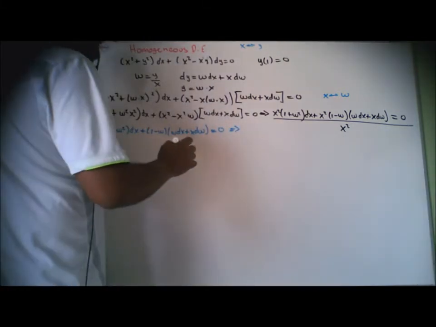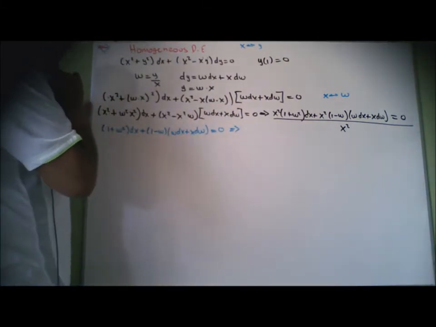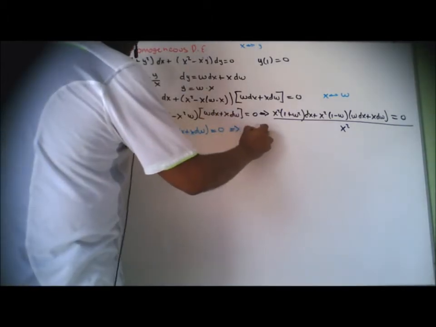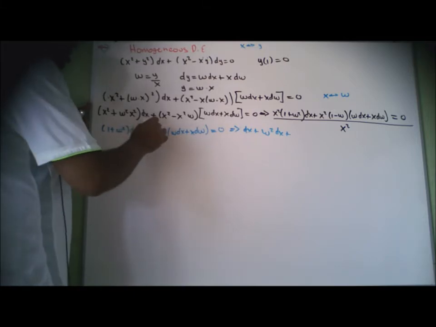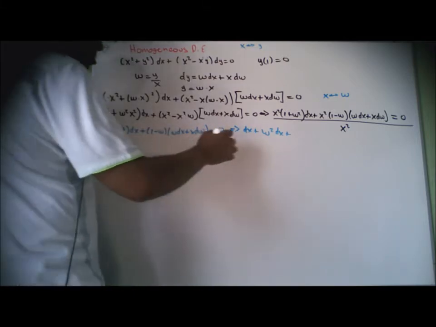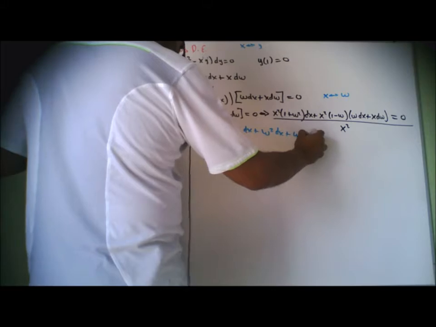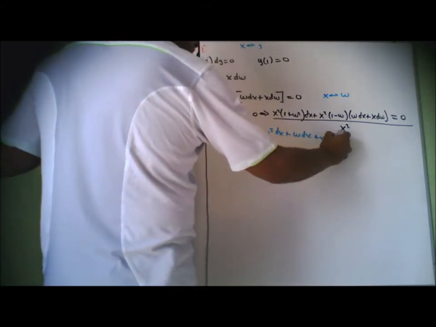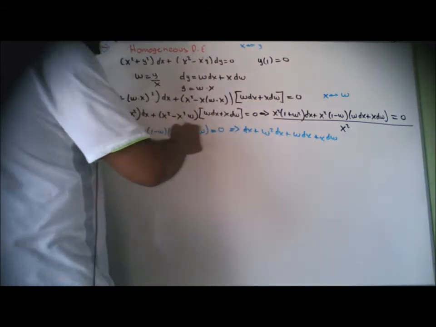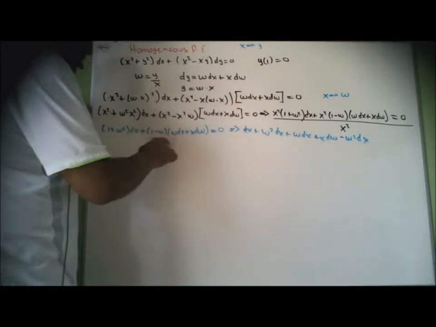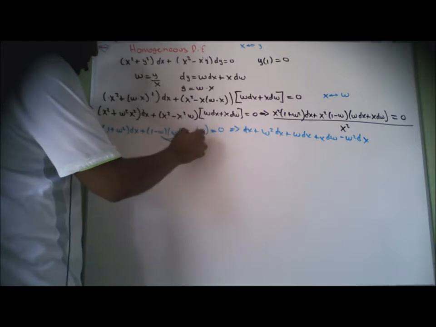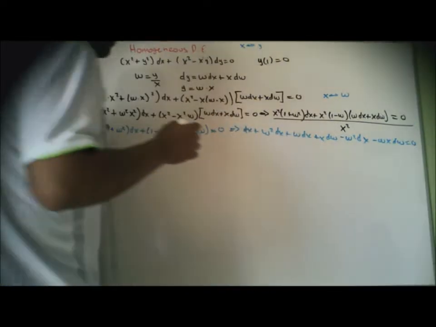So it's differential of x plus w squared differential of x, plus, be careful, 1 times this and this, so plus w differential of x plus x differential of w, and then minus w squared differential of x, and then minus wx differential of w, equal to 0.